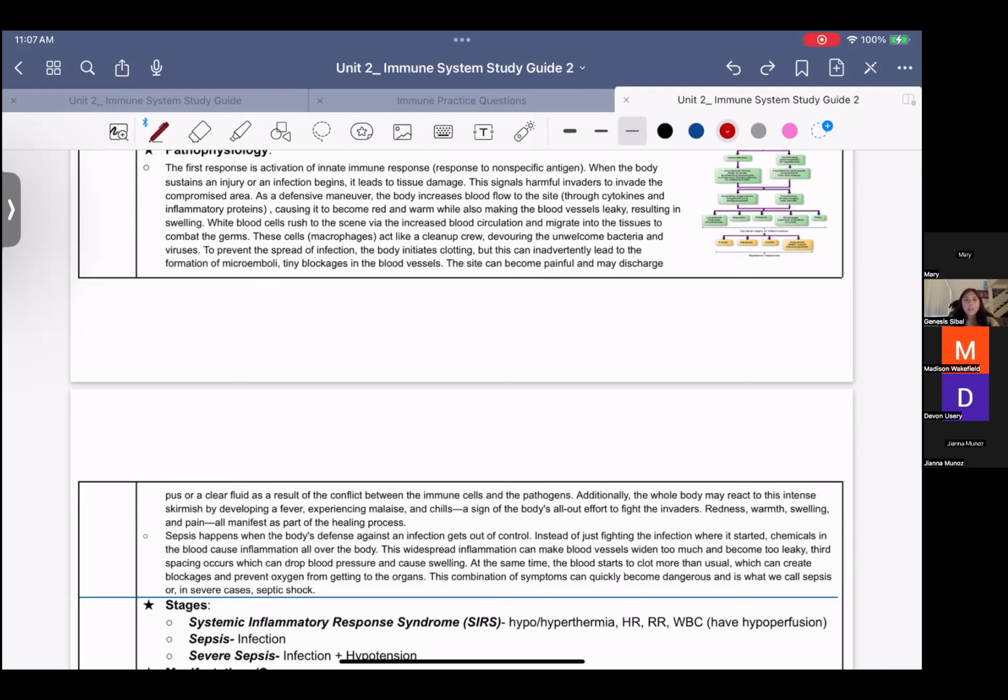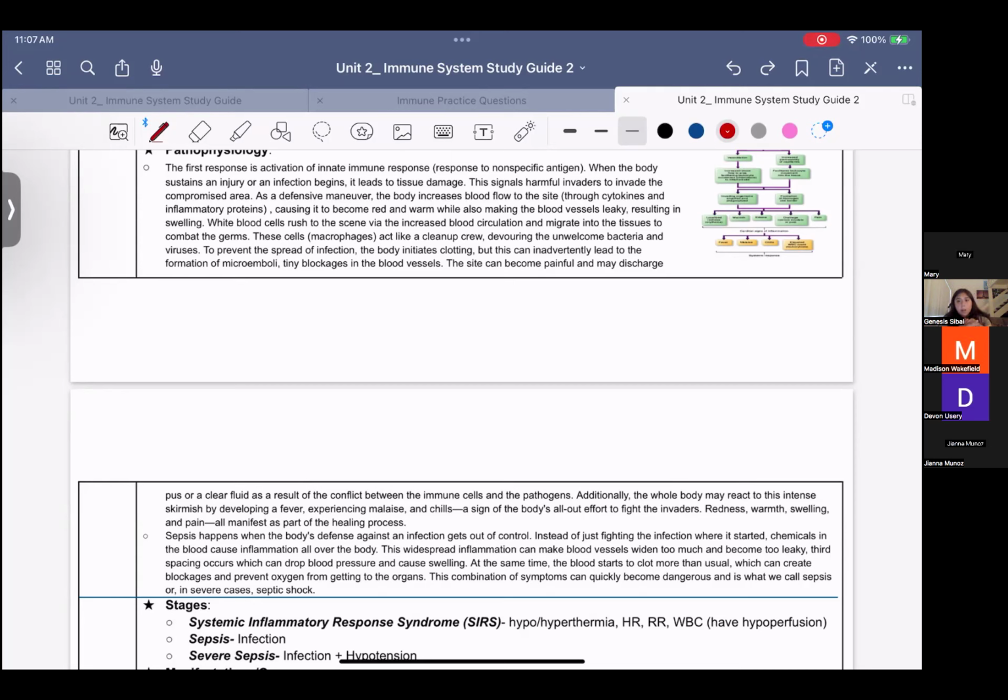So with sepsis, your blood pressure ends up going so hypotensive because you're vasodilating your vessels so much that it just can't stop. In a regular infection, you would just vasodilate, but now with sepsis, it's vasodilating to the point where you literally can't control that blood pressure anymore.